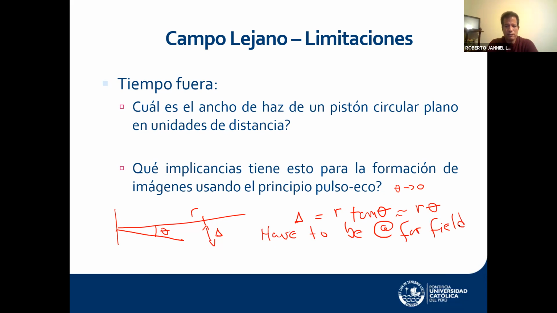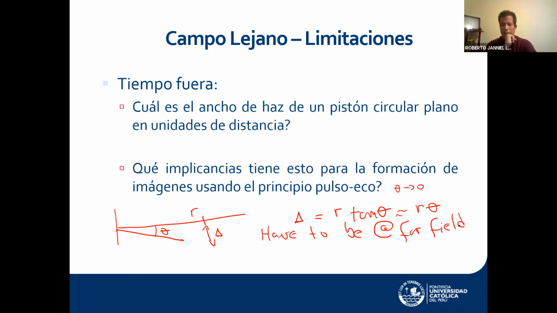We said that in order to be at the far field, I need to be at a distance that is the surface of the radiator divided by the wavelength. So the bigger the radiator, the farther away you have to be to be in the far field.